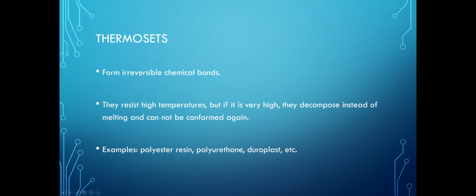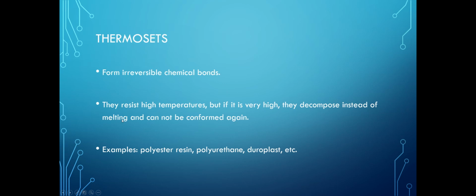Now, thermosets. Thermosets form irreversible chemical bonds, the opposite of thermoplastics, and since they have these kinds of bonds, they can resist high temperatures. But if the temperature is very high, they decompose instead of melting and cannot be conformed again.